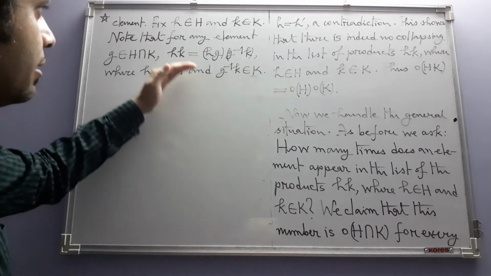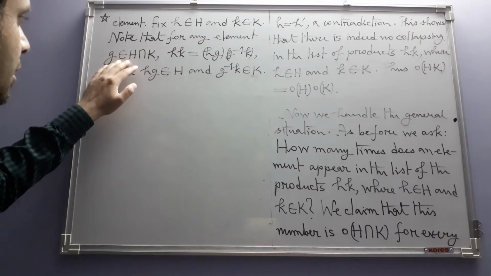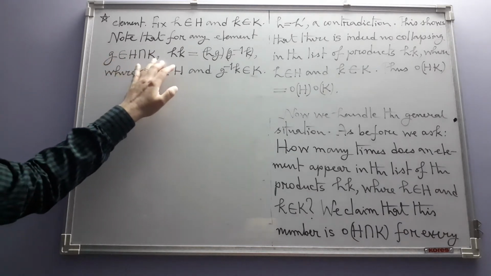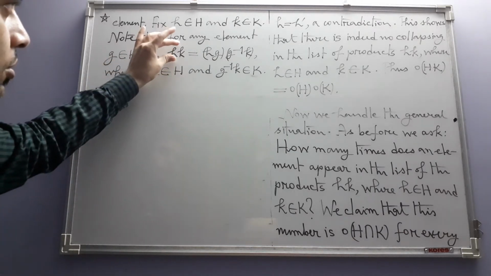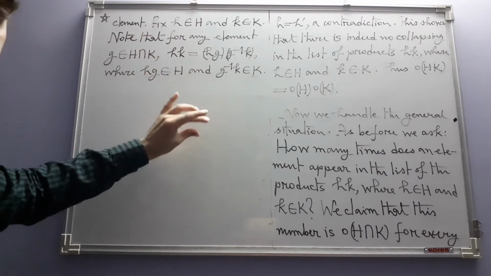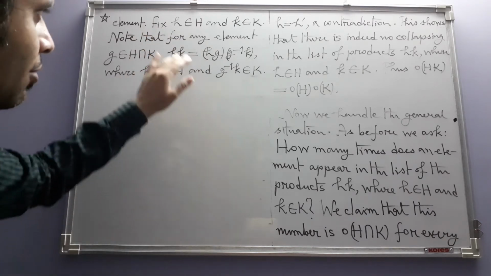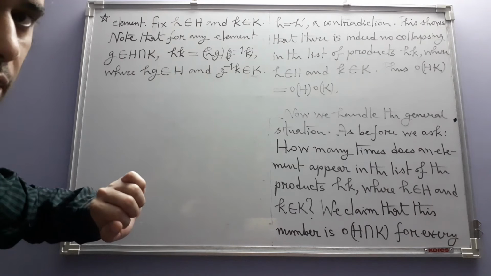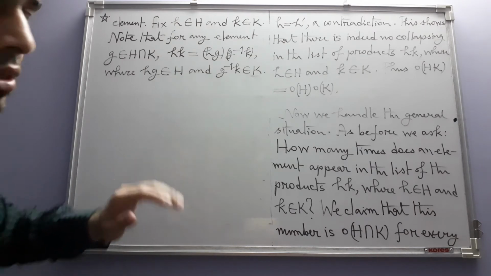So do you see that this means that we can use all the elements of H intersection K to have at least that many representations of the same element in this product? I think it is clear.